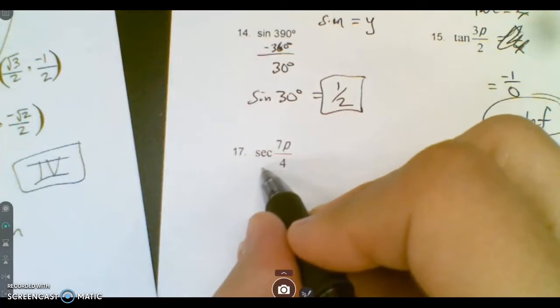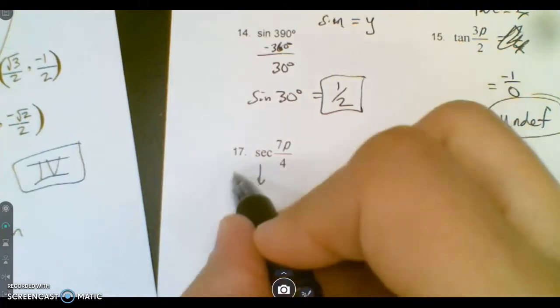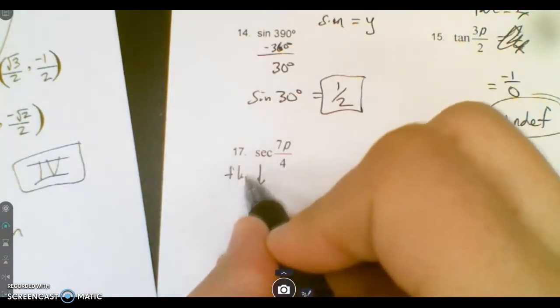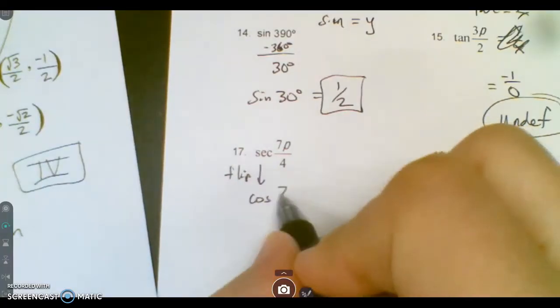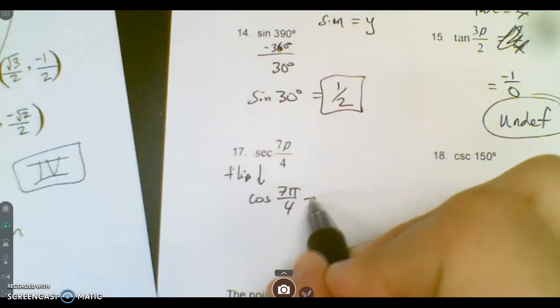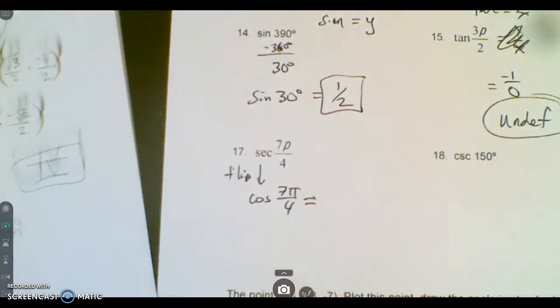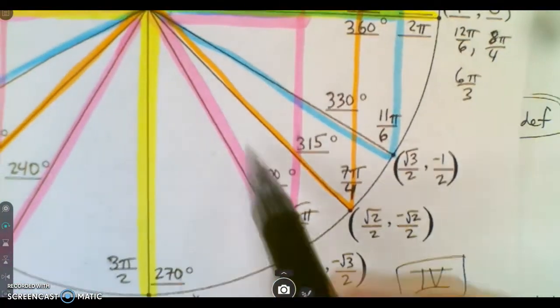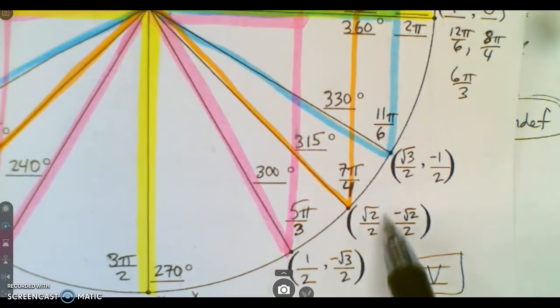Let me go to this one. What is secant of 7 pi over 4? All I need to do is flip cosine of 7 pi over 4. So if I know cosine of 7 pi over 4, then I just have to flip it. So let me find what cosine of 7 pi over 4 is. Alright, where's 7 pi over 4? There it is, this orange one. Cosine would be the x part.